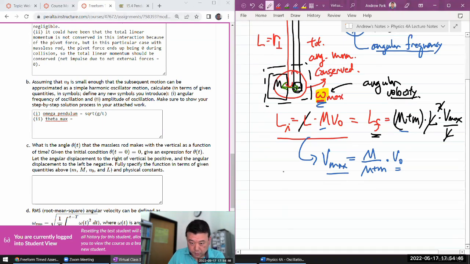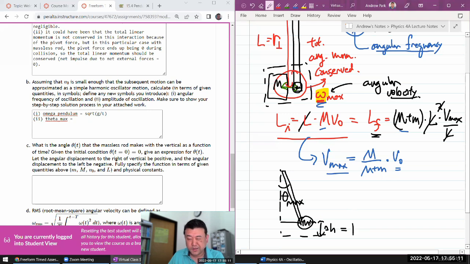This kind of analysis you've done when you did the ballistic pendulum. Now, what I want to consider is the second snapshot, where this whole mass has swung up to some height, and my amplitude of oscillation is given by this theta max. And I'm looking at the geometry here. So this delta H should be L, length of the entire thing, minus this portion of the thing, L cosine theta max.